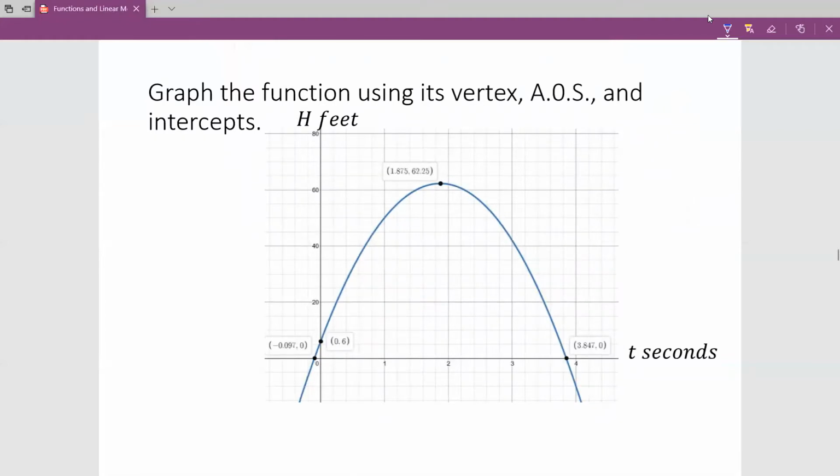The ball goes up, and after 1.875 seconds, reaches its maximum height of 62.25 and reaches the ground at t equals 3.847 seconds. And this is a graph of the function, but since we start at t equals 0, the one to the left really doesn't mean anything.